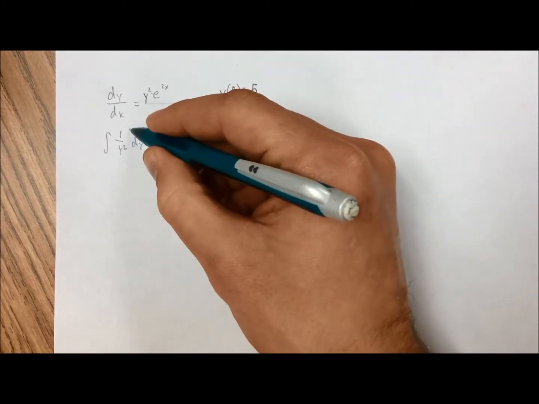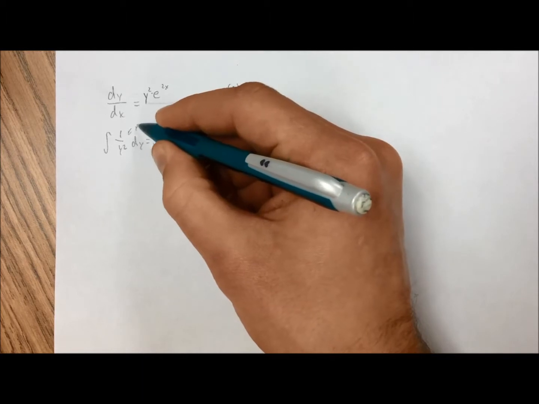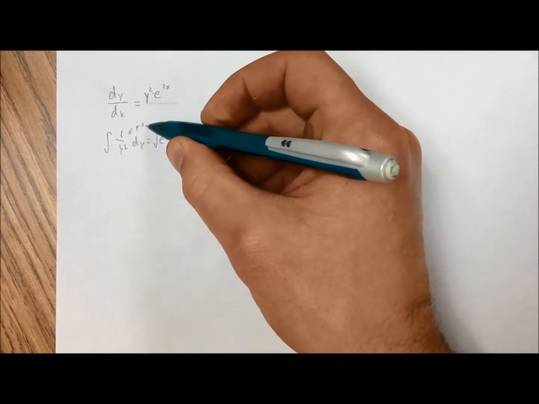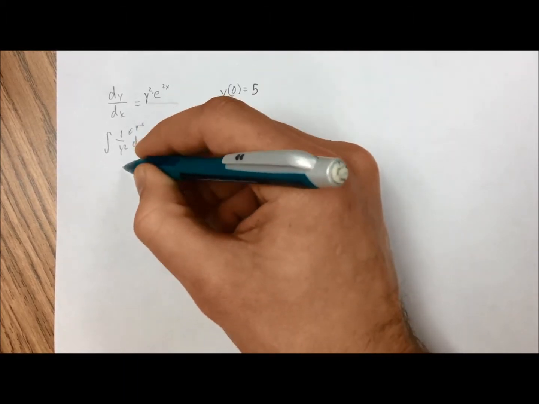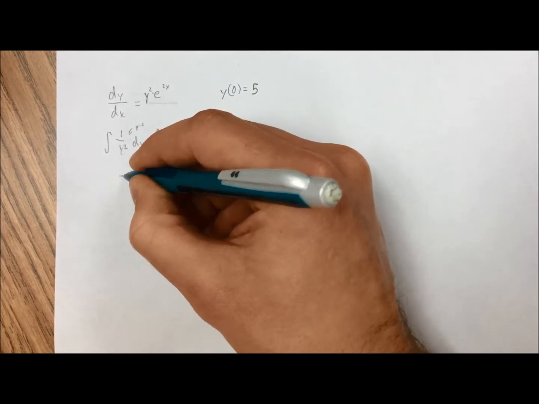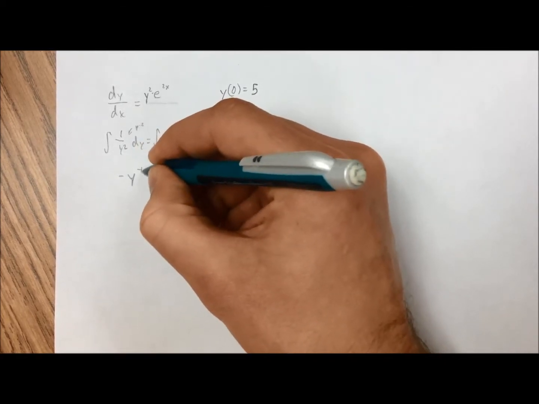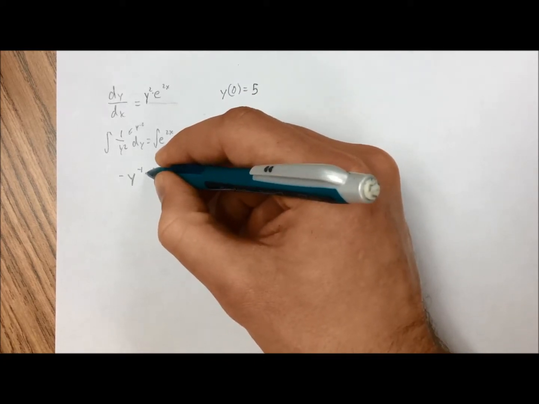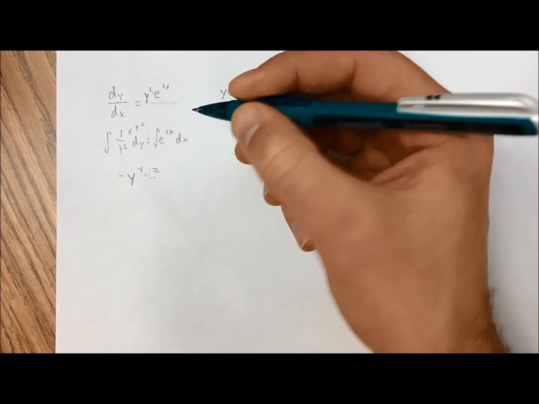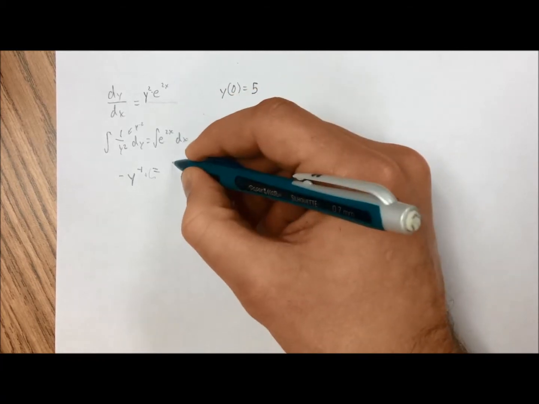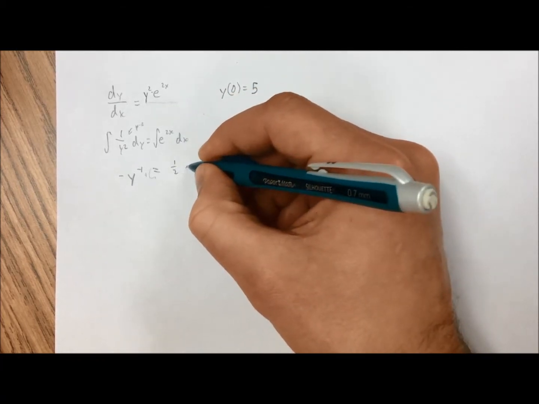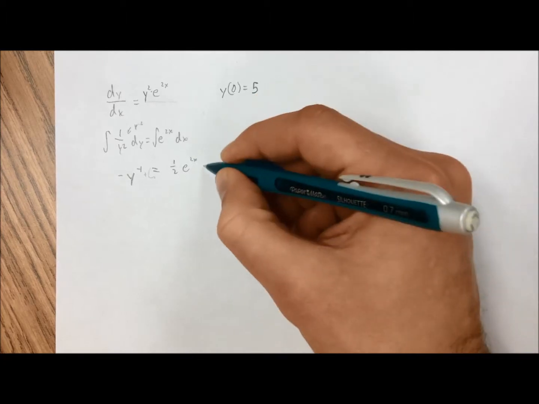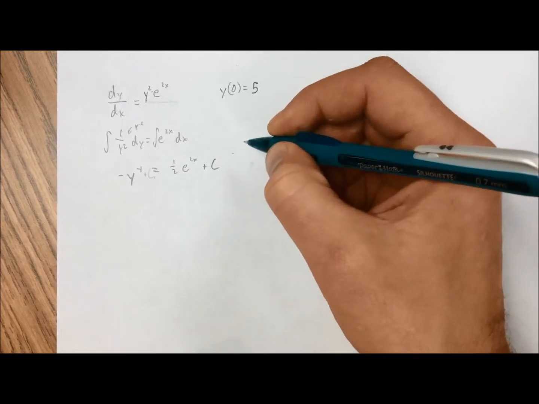Remember, this is the same thing as y to the negative 2, so I'm just going to use the power rule on this. So this is going to become negative y to the negative 1, and there could be a plus c here, plus some constant, and the antiderivative of this is going to be 1/2 e to the 2x plus some constant.